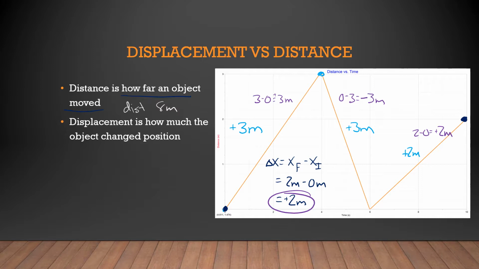So even though this object traveled a total distance of 8 meters, its delta x for the entire motion was only plus 2 meters. Notice displacement has a sign because it matters what direction it's going. Distance doesn't care what direction you're going, it's just how far you walk. But displacement cares about the sign, the difference between final and initial position.